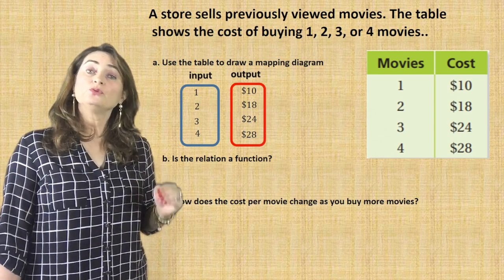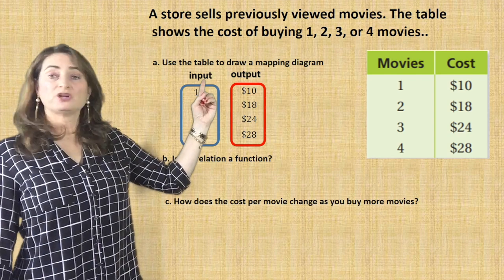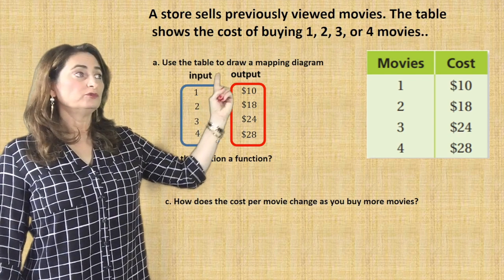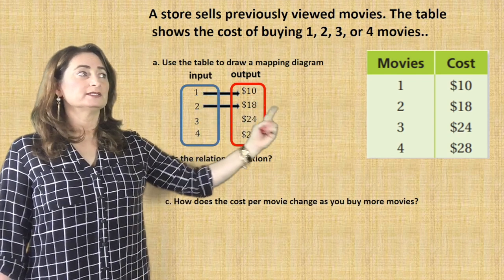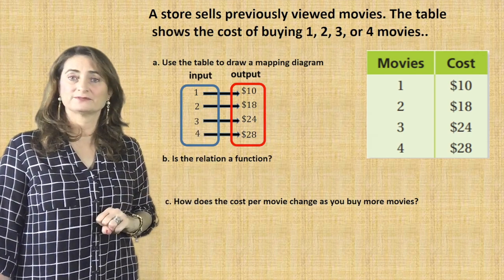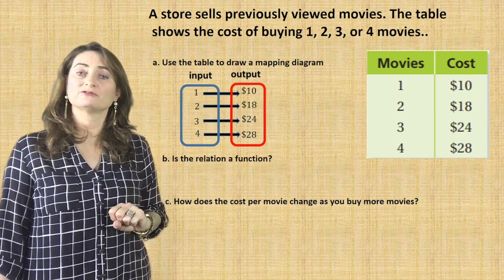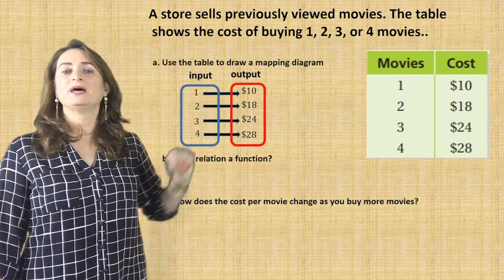Now to show which input is related to which output, we draw the arrows. So the cost for 1 movie is $10, 2 movies $18, 3 movies $24, and 4 movies $28. And that's how the mapping diagram works for transferring this information from a table to a mapping diagram.